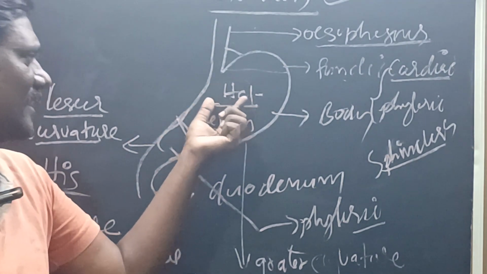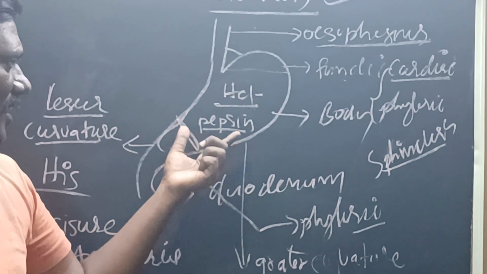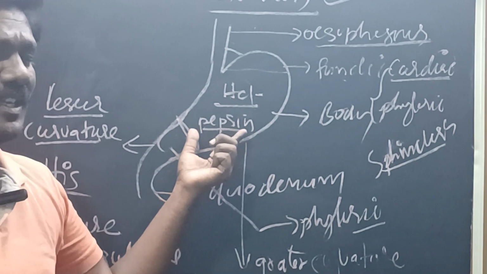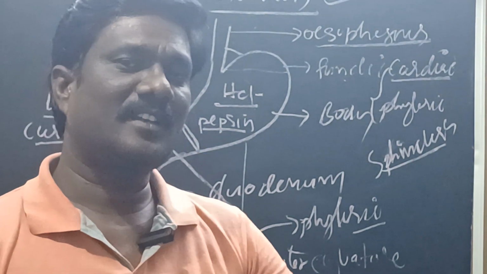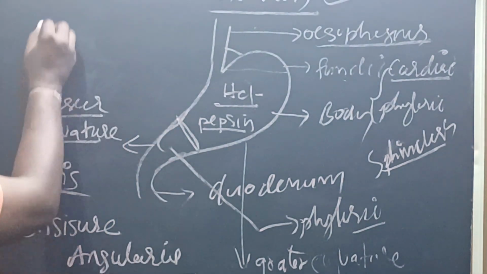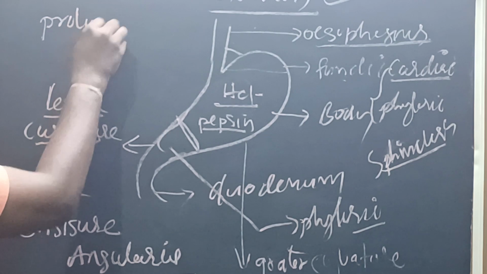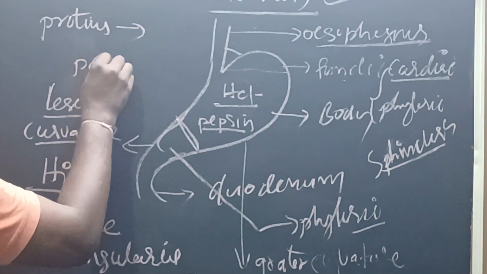Because of this acidic condition, pepsin, which is in an inactive form called pepsinogen, converts into the active form, pepsin. Pepsin acts on proteins and converts them into polypeptides.